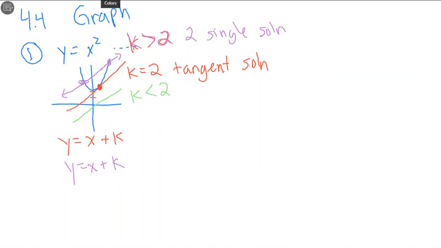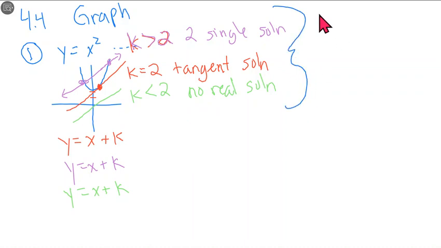That would be no real solutions. That's no intersections for y equals x plus k. And this is a visual understanding. So notice if you can graph the parabola, you can try to shift the line appropriately to get the corresponding solutions.